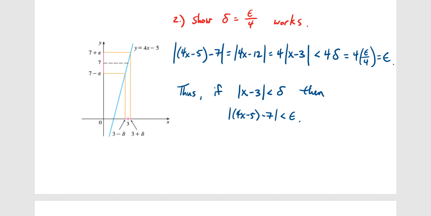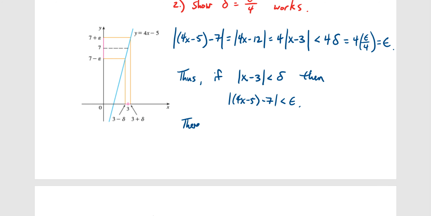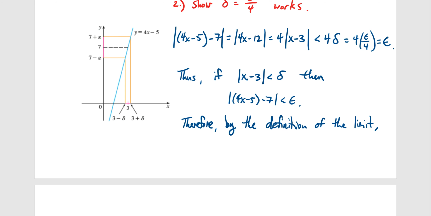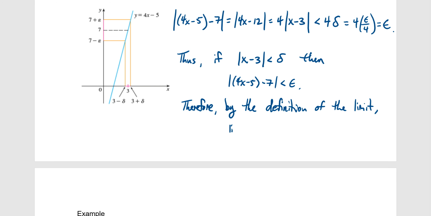And then the last thing that we say is, therefore, by the definition of the limit, and then we go ahead and just rephrase what our limit is. The limit as x approaches 3 of 4x minus 5 equals 7.